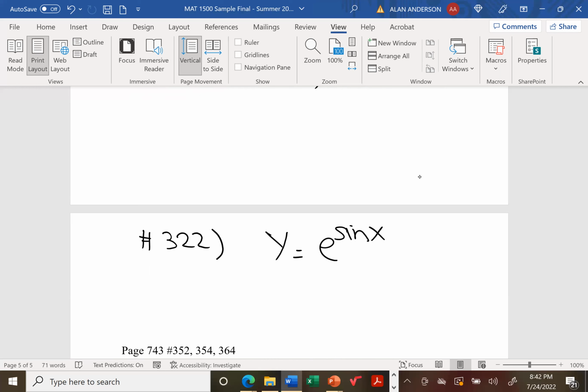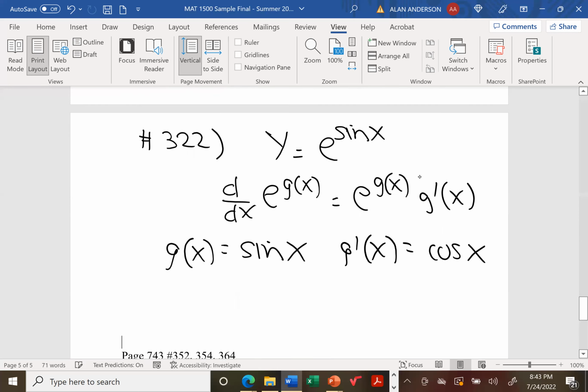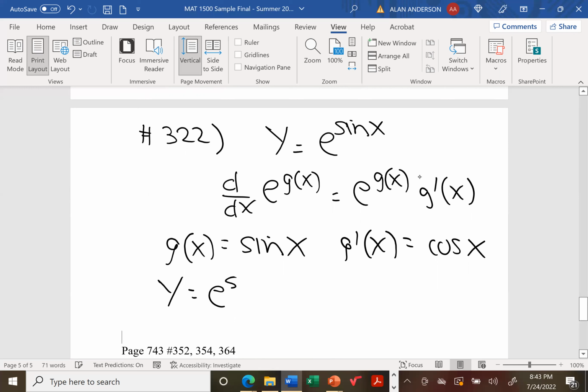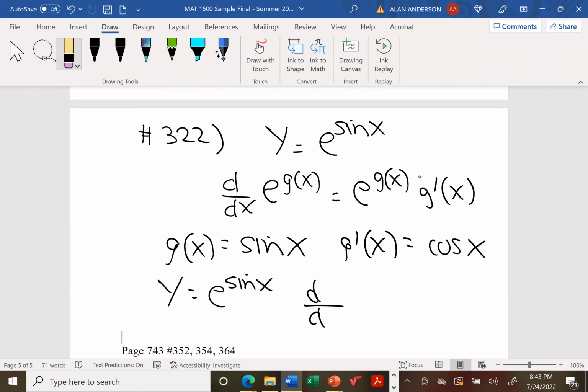Well, now remember, so if g of x is sine x, so the final result, if y equals e to the sine x, dy dx, dy dx, is e to the sine x cosine x.